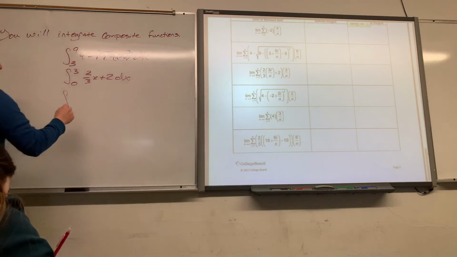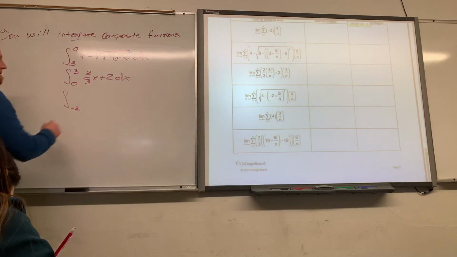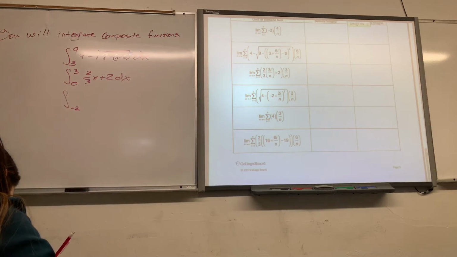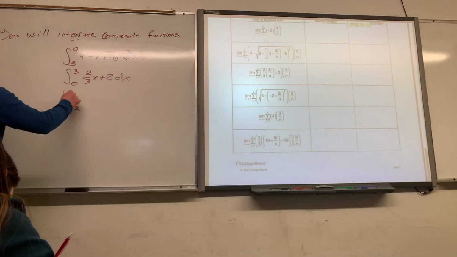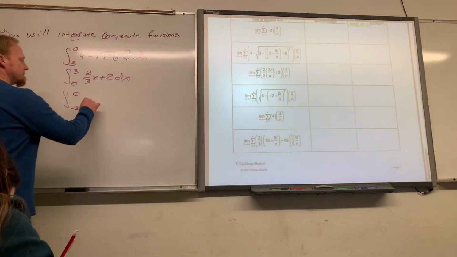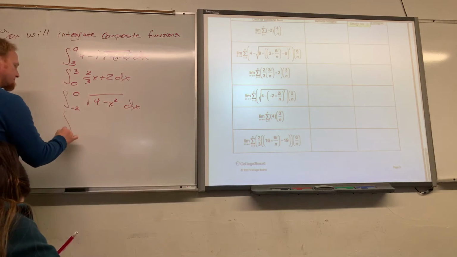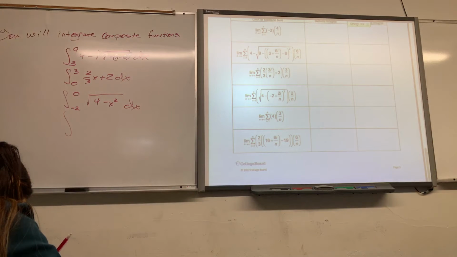You want A is 0. No. A is -2. Abby D. D is 0. All right, Mallory. The square root of 4 minus x squared. Very nice. Brady, next one. We're skipping that one. Go to the one after that.